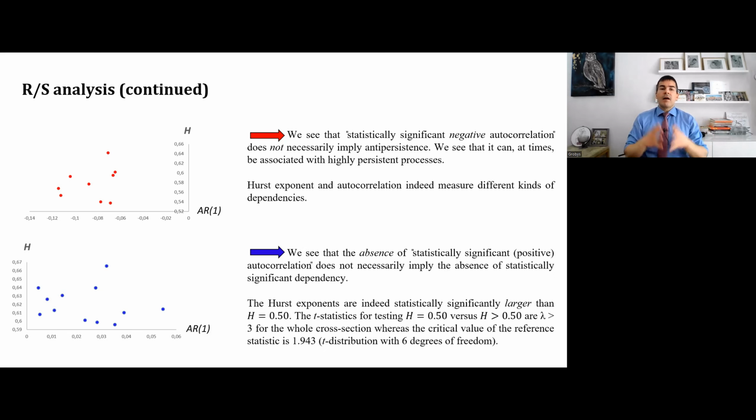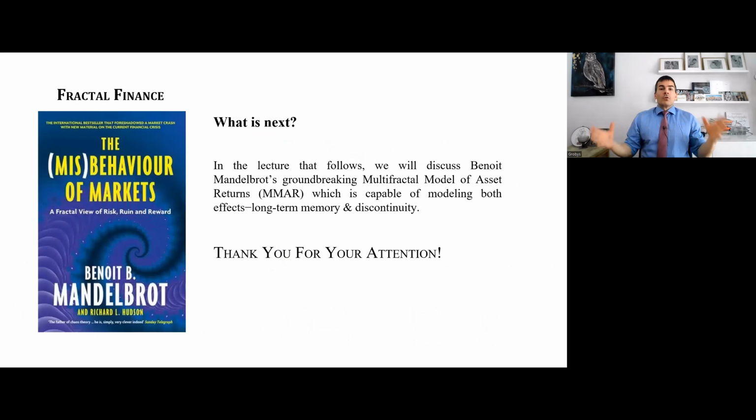This is, I would say, a very interesting thing. In the next lecture, we will discuss Benoit Mandelbrot's groundbreaking multifractal model of asset returns, the MMAR, which is capable of modeling both effects, the long-term memory and the discontinuity. Thank you for your attention.